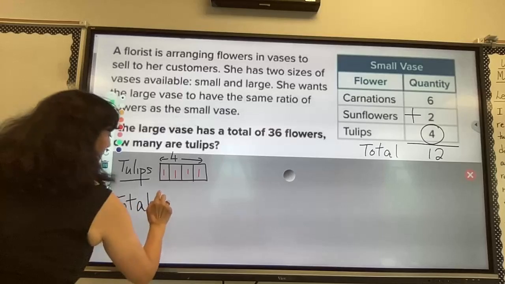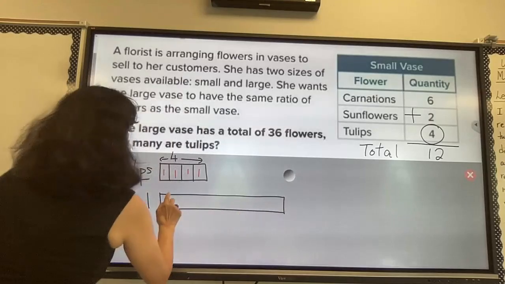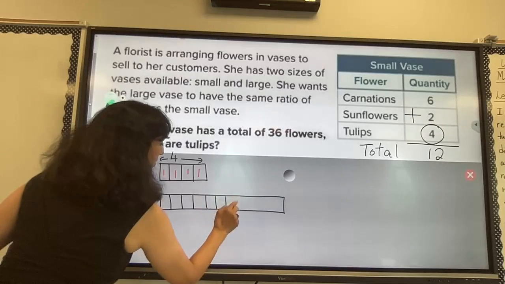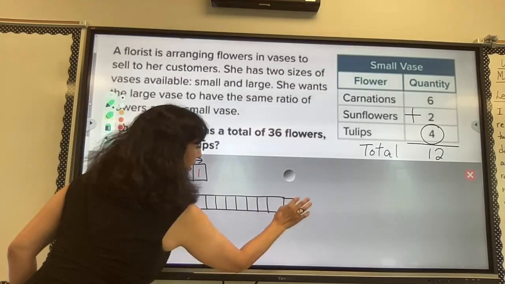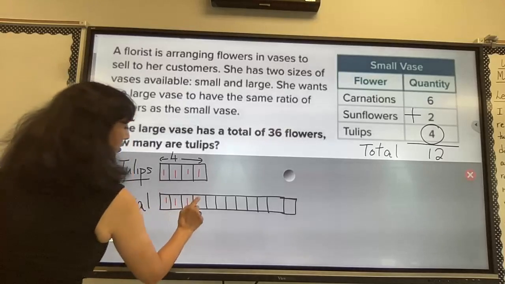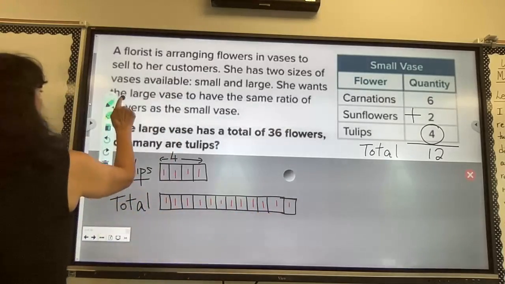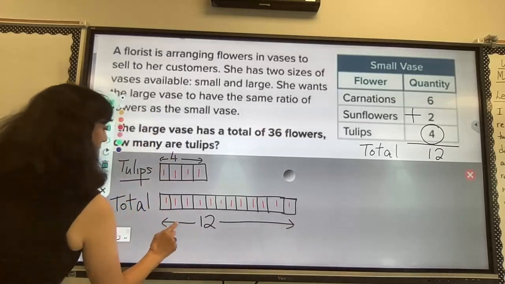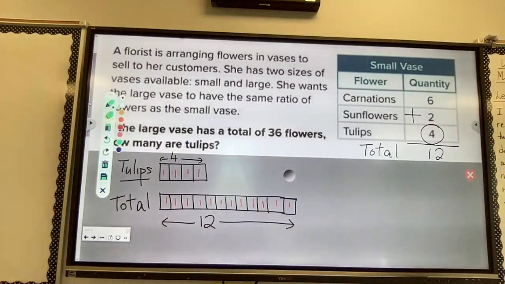Then I'm going to just make another one. 1, 2, 3, 4, 5, 6, 7, 8, 9, 10, 11, and 12. So the total amount that I have is 12. Okay, this is my ratio right now. So 4 to 12.